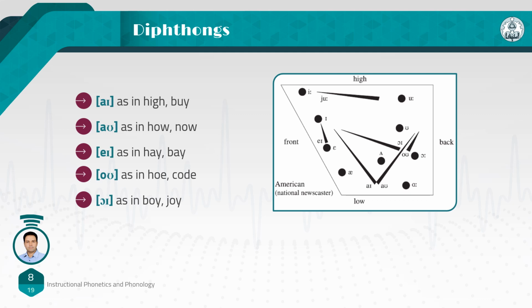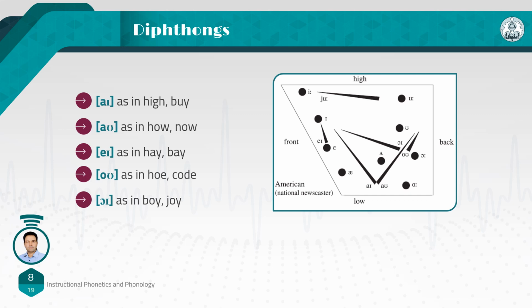If you pay attention, you can see that the prominent part in all of these diphthongs is placed at the beginning, and the second one is the less prominent one. For example, when I say oi, first you hear o, which is prominent, and then you hear e, which is the less prominent one.